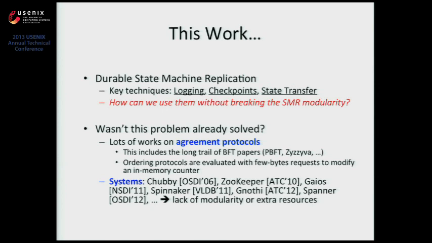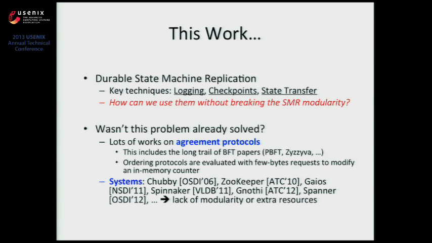Of course, for some of you it may appear to be an obvious problem, so wasn't it already solved? In fact, there are two kinds of works that are very related to this work. One is the agreement protocols: there are a lot of papers about how to efficiently order requests and process messages in strongly consistent replication.